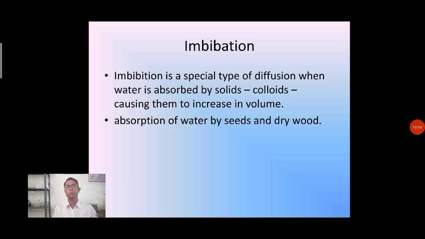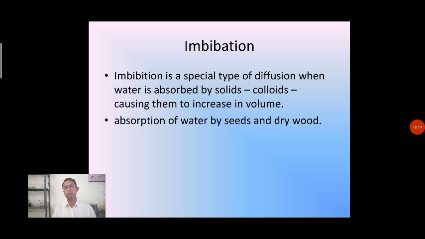Likewise, cell to cell movement of water molecules takes place, and this is done with the help of osmosis, diffusion, imbibition and plasmolysis. So these are the processes depending on the different types of situation.